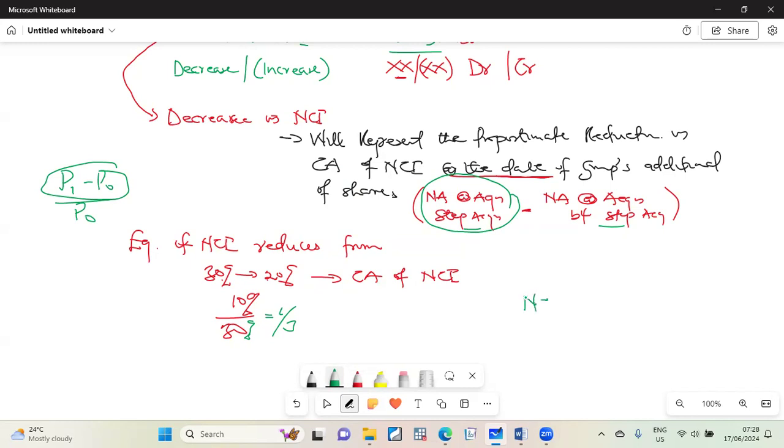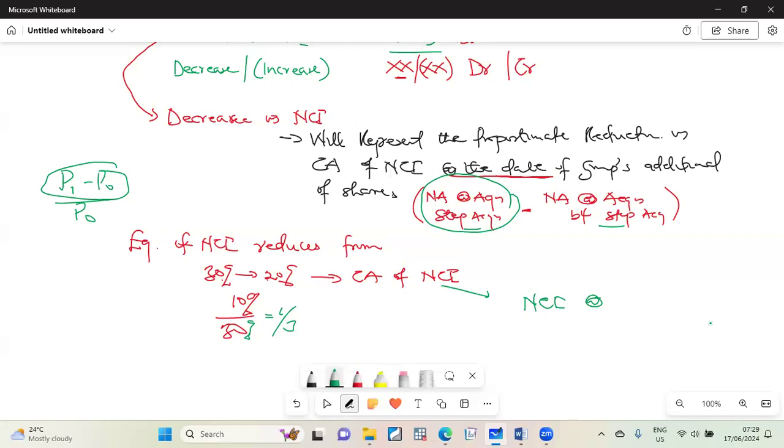You always know that you have NCI at acquisition, right? Then what do you normally do? Before the step happens, you always do NCI share of post-acquisition, and you add that. That thing we normally do in our workings is the same thing here.